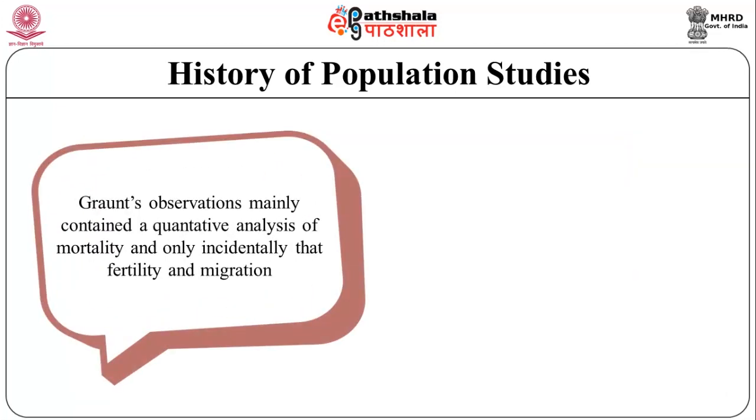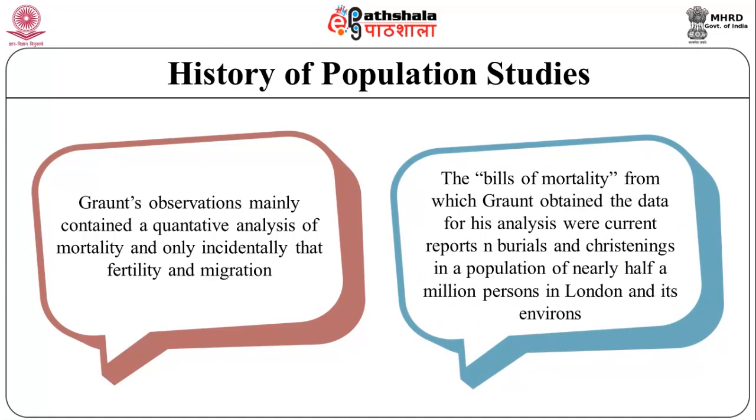Now, Graunt's observations mainly contained a quantitative analysis of mortality and only incidentally of fertility and migration. The bills of mortality from which Graunt obtained the data for his analysis were current reports of burials and christenings in a population of nearly 500,000 persons in London and its environs.